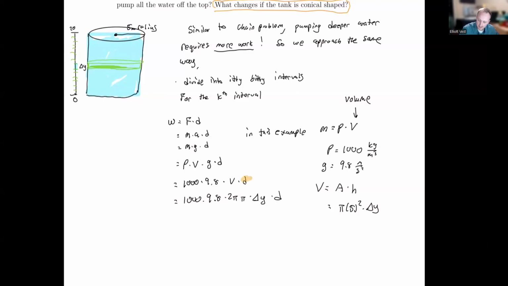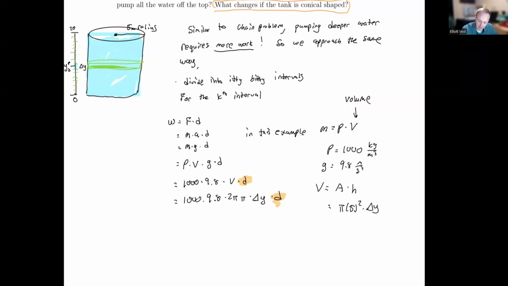And again, just like in the previous problem, d has a certain distance we have to take into account. What is the distance it takes for this slice to be pumped out? Well, choose a representative point. Let's call this yk star for this kth slice, for the kth interval.